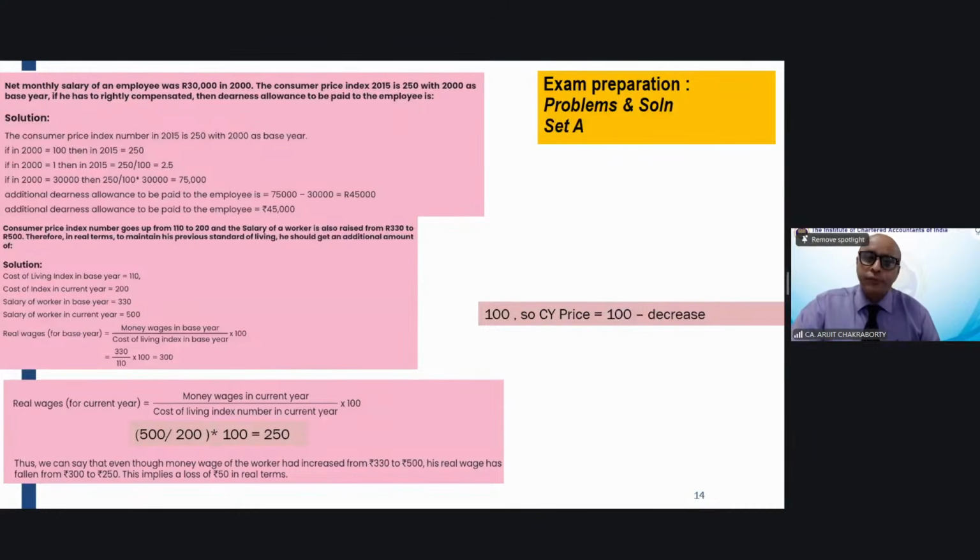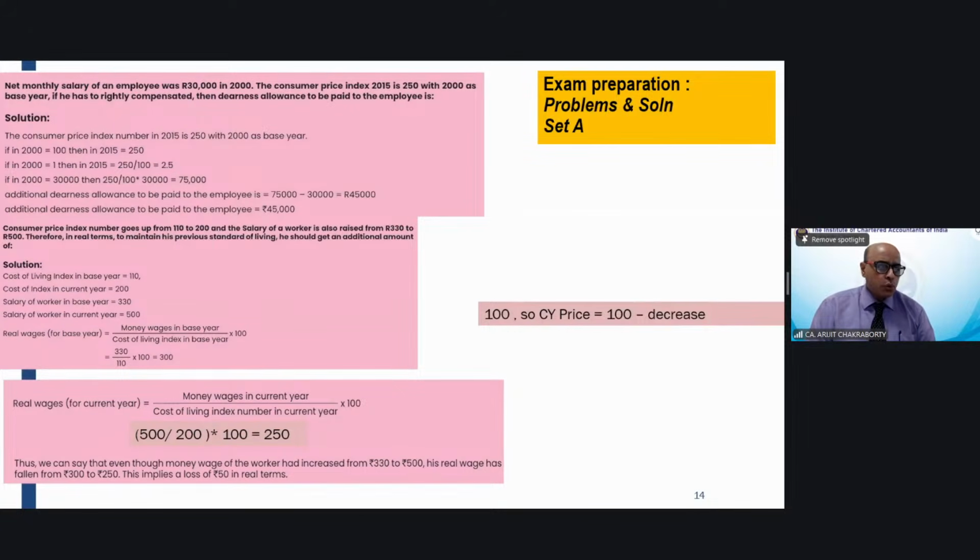It comes to 500, which is the nominal wage in the current year, divided by the index number of the current year, which is given in the numerical example as 200, and you multiply by 100. So what we are getting is 250. That means his real wage is 250.